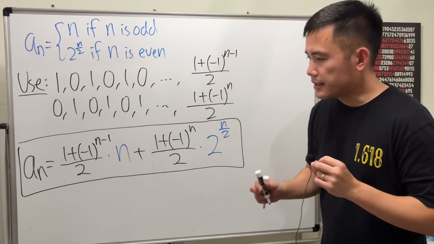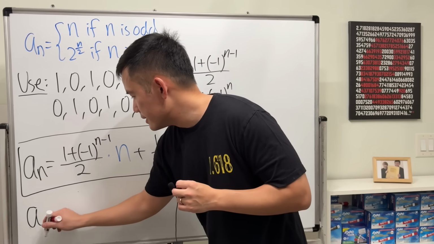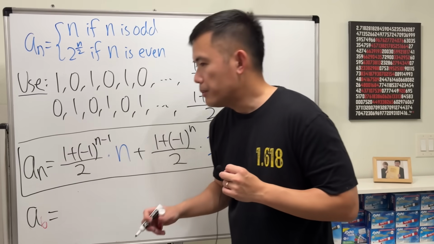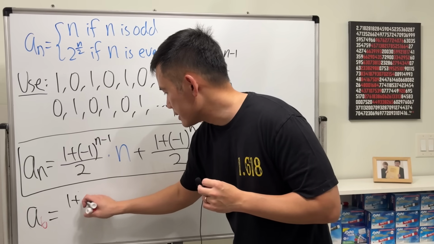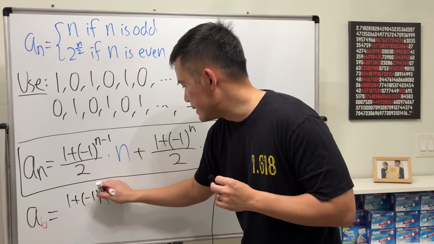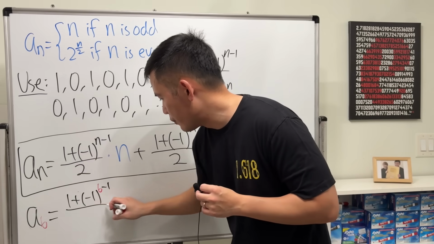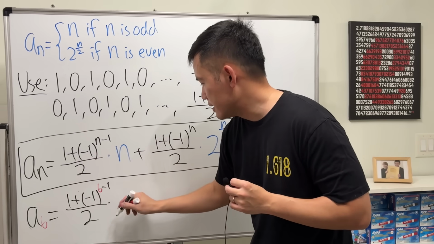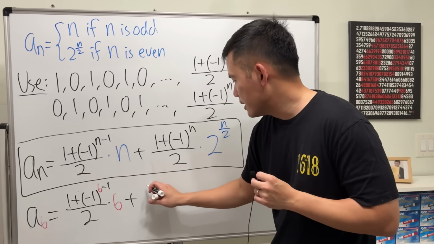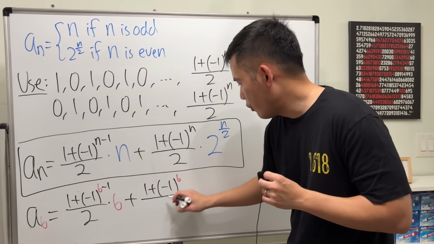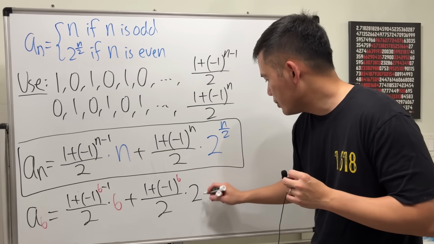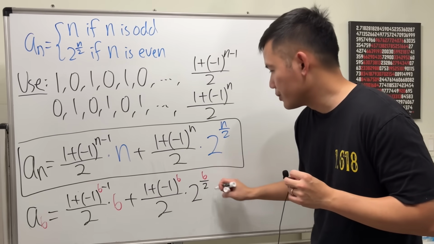Now let's do a quick example. Let's do a_6. And remember a_6 was equal to 8. So let's see. This is 1 plus negative 1 raised to the 6 minus 1 over 2 times n, which is 6, and then plus 1 plus negative 1 to the 6 power over 2 times 2 to the 6 over 2.